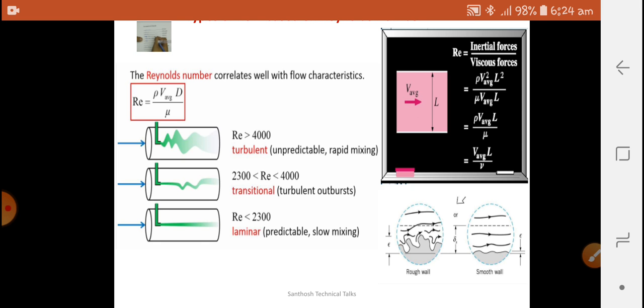That is why we have changed from galvanized iron tubes to PVC tubes, since they have a smooth wall, while transferring water in household applications or farm applications. I hope you have understood what the Reynolds number is and what its uses are.